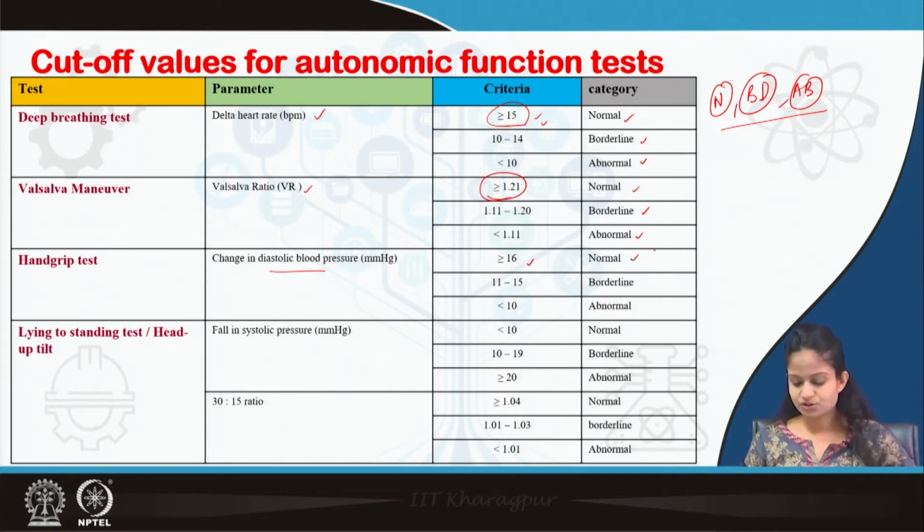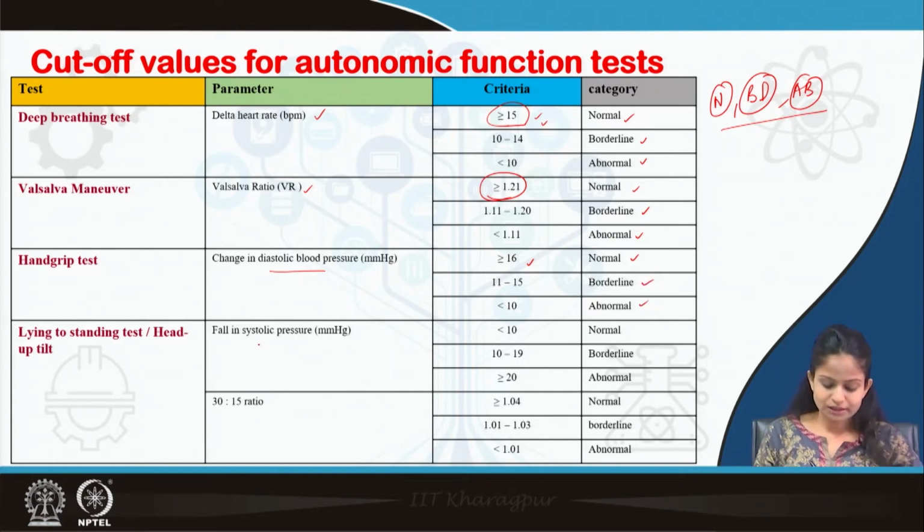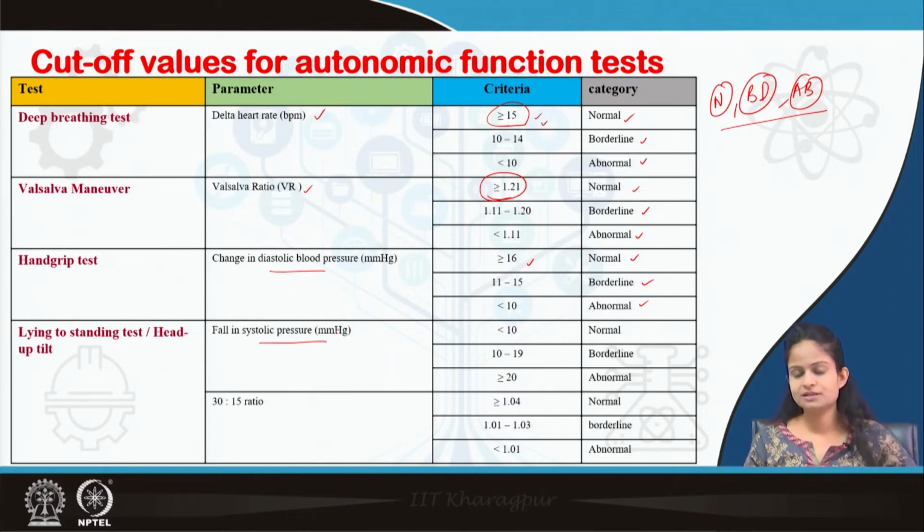Less than 16 millimeter of mercury, if it is 11 to 15 it is borderline, less than 10 it is abnormal. The systolic blood pressure generally falls within 10 millimeter of mercury, and this is normal. But if the difference is more than 10, say 10 to 19, it is borderline, and more than or equal to 20 it is abnormal.